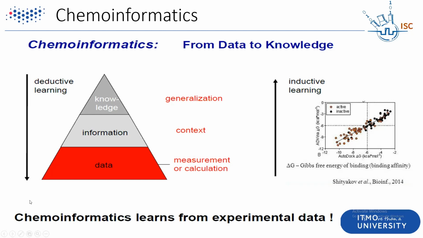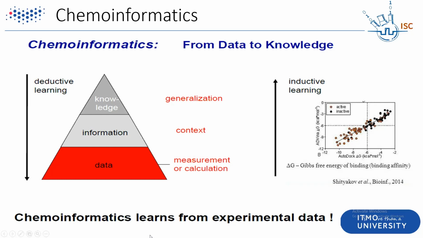Usually the reference in chemoinformatics is coming from the experiment. And when you get the experimental data, then you optimize the chemoinformatics algorithms and produce the experimental data. But of course, the experimental data cannot be learned from the chemoinformatics in the first place.